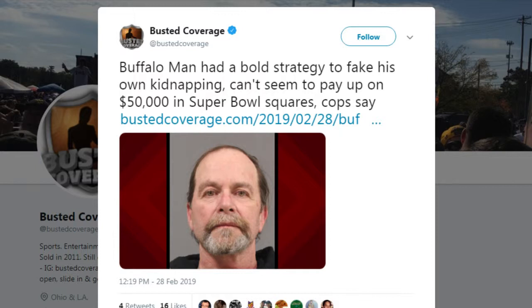But a gentleman ran a Super Bowl square contest, $50,000 worth of Super Bowl squares, and he couldn't pay up on the $50,000 worth of prize money, so he perpetrated a fake kidnapping of himself, and his story unraveled, I should say, very quickly, as the police looked into his claims of being abducted and duct taped and roped.